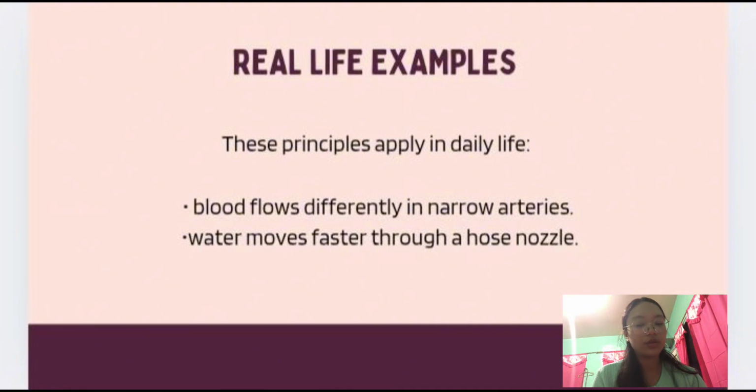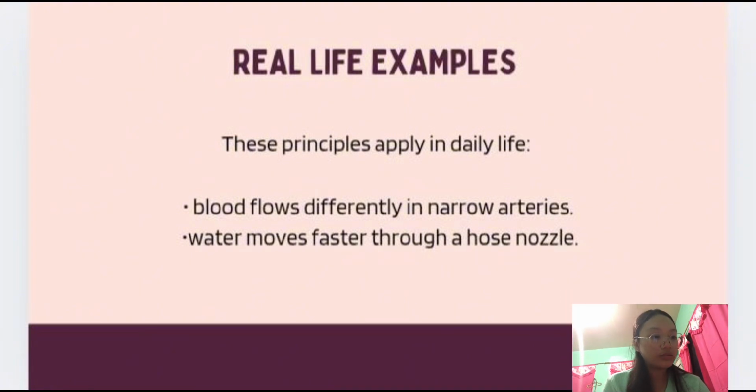Di ba, in the continuity equation, if your path is narrow, the flow of blood is fast, and if it is wide, the flow of your blood is slow. And this applies to Bernoulli's principle too, because if the path is narrow, the blood is fast, so its pressure is lower. In wide arteries, the blood is slow, which means its pressure is higher, and the flow of blood is slow.